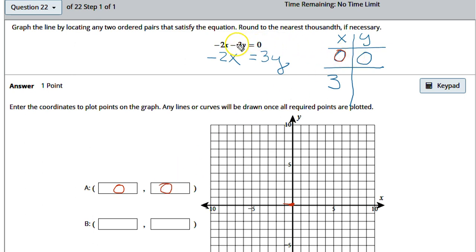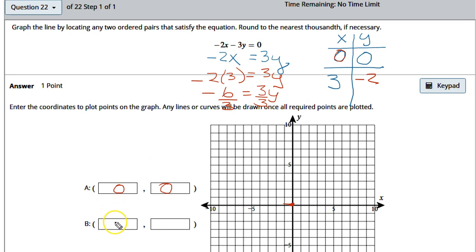Then I solved it for y a little bit. I moved the y to this side. And here, if x is 3, that would be a negative 2 times 3 equals 3y. This is a negative 6 equals 3y. Divide both sides by 3. I get here y equals a negative 2.